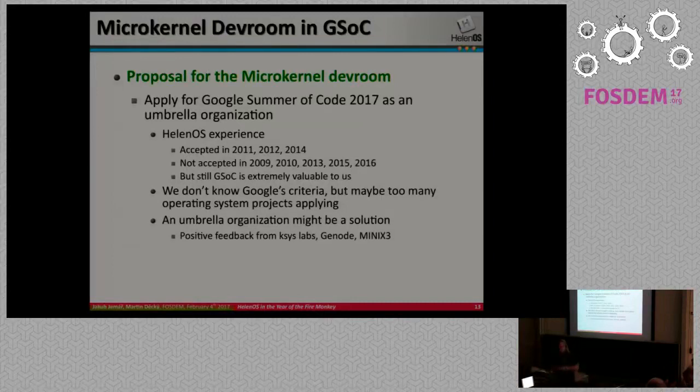So I really believe that we should at least try, even if we don't succeed, an umbrella organization for all microkernel systems might help in this way. We already had some positive feedback from some other guys. So if somebody wants to add something, let's discuss it here or during the dinner.